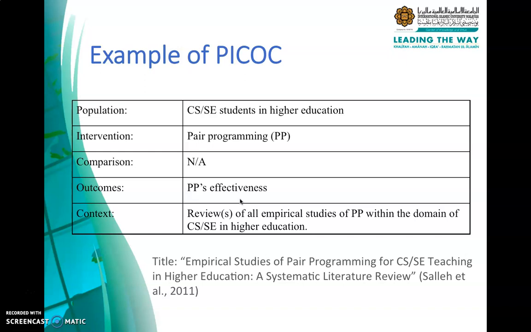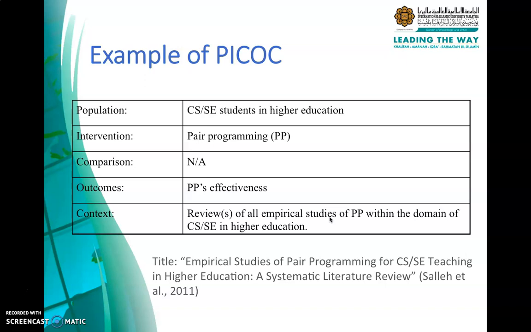The context is only in education, because there are a lot of studies as well in industry. But if we were to include all of those studies, it would be mixed, and when we wanted to evaluate the study findings, that would be very challenging and can be confusing, because of the mixing of participants from industry and academia.